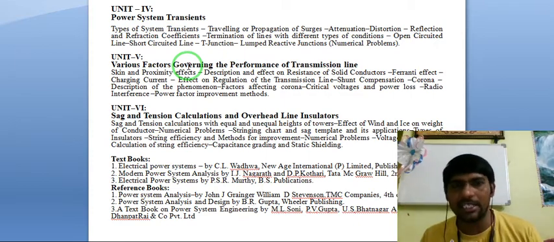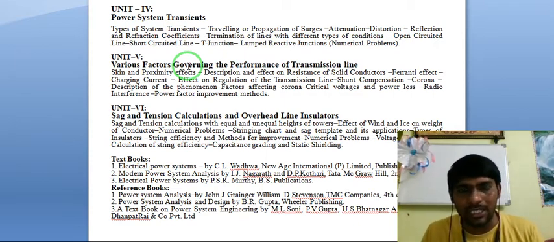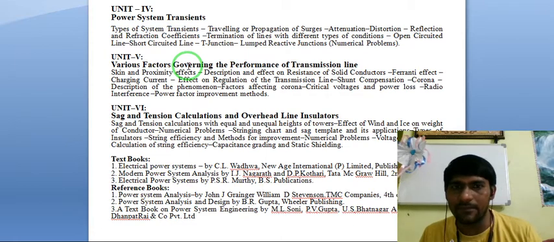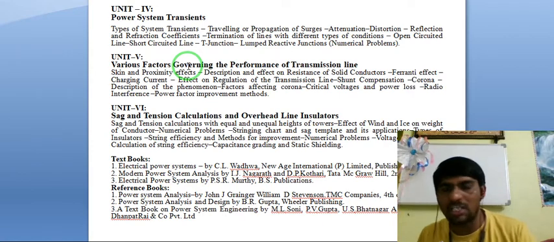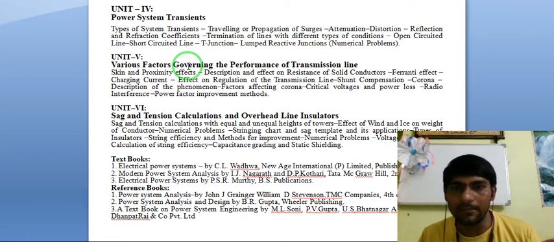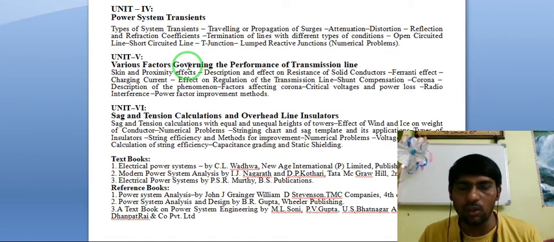In between generation and distribution, we need to install a transmission line over a long distance. In order to reduce the total transmission line losses, we need to transfer a large amount of power through this transmission line. For that, we go for calculating all such parameters in the transmission lines.